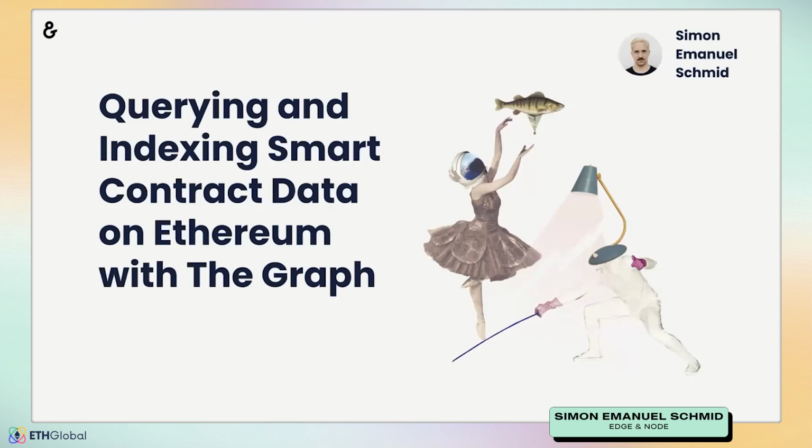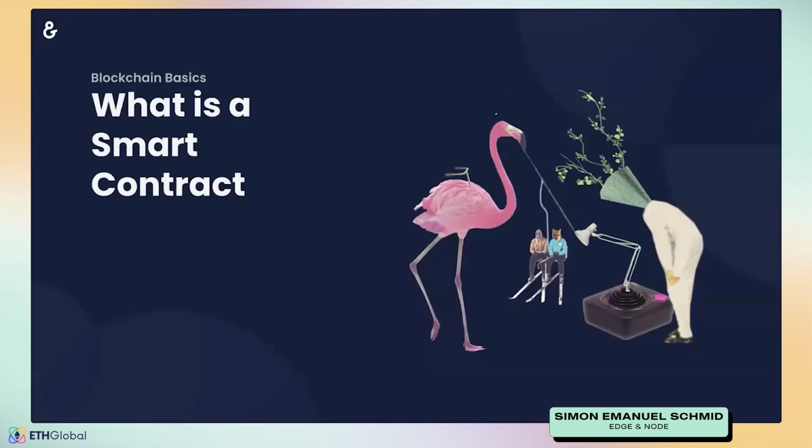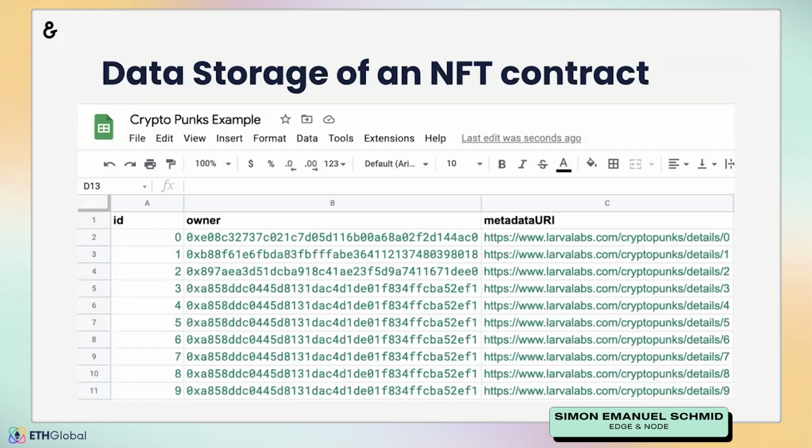So, querying and indexing smart contract data on Ethereum with The Graph. I start here really with the basics. What is actually a smart contract anyways? An interesting example you can think about is a smart contract that has two things.